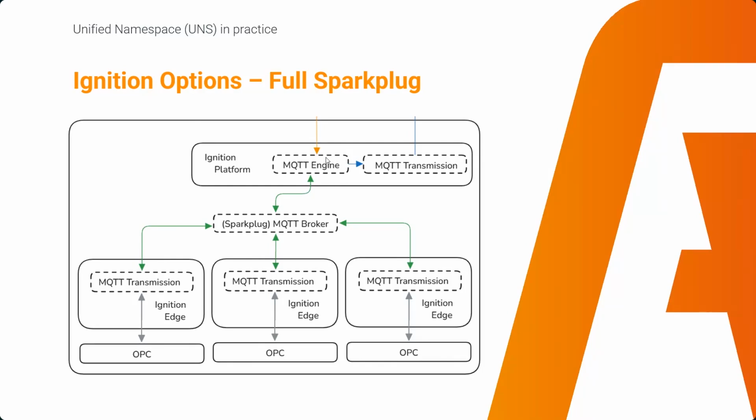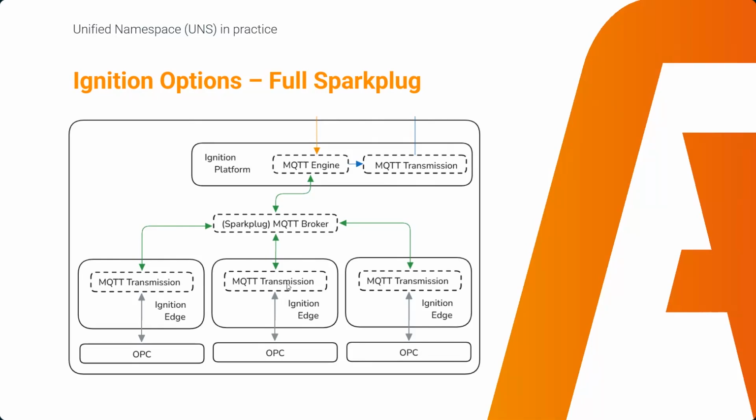And there, the engine will subscribe to the MQTT data here, and the transmission module will send the data upwards to the IT MQTT broker. The IT MQTT broker makes some changes to the data or provides some values back. The engine will collect the data and will write back to this MQTT broker here, so the Ignition Edges can use the data.